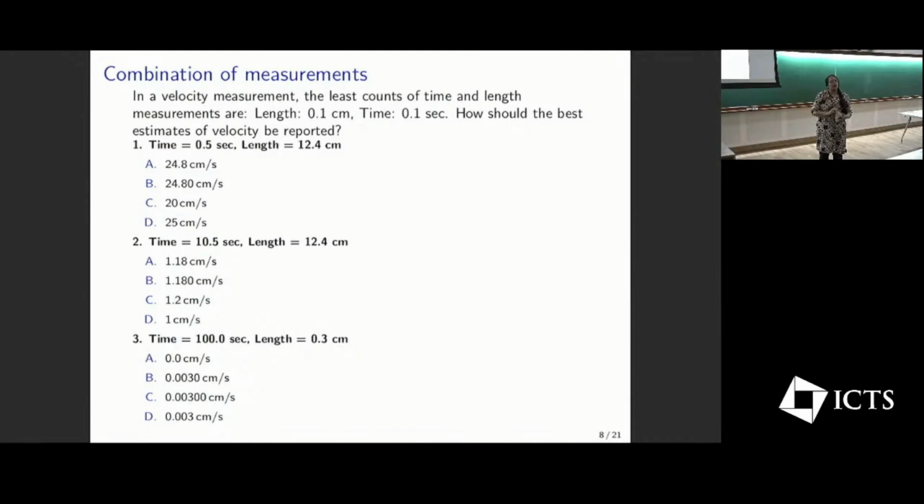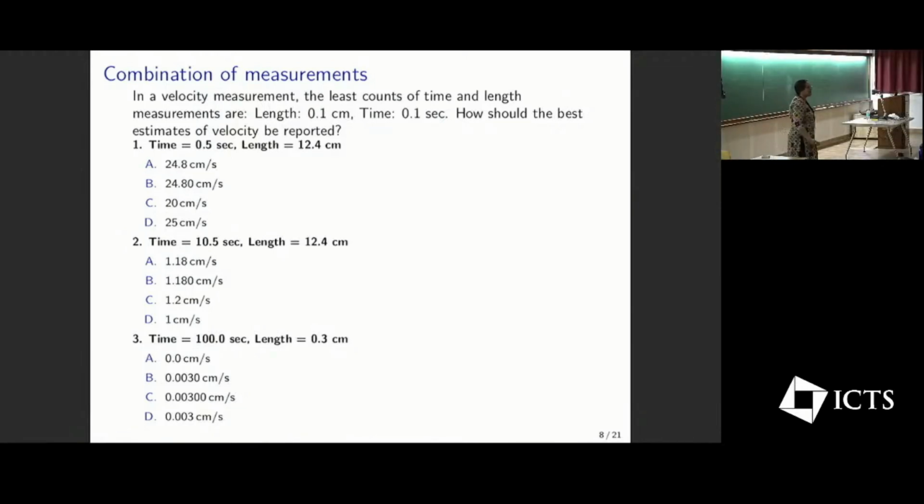And your scale has a least count of 0.1 centimeters, and your stopwatch has a least count of 0.1 seconds. So this is what is given to you. Now we have to look at these numbers and decide which of these reported numbers would sit right with us, would reflect the precision of the measurement.